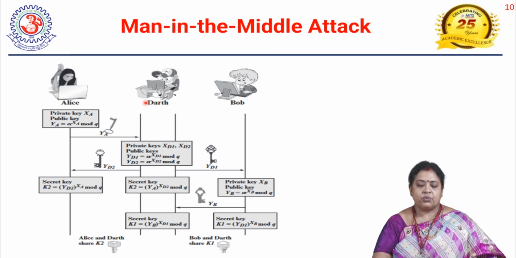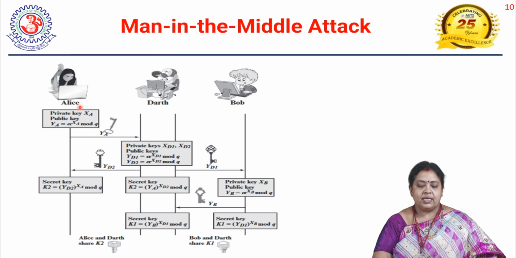What Darth is going to do, as a man in the middle, is calculate his own private keys and public keys. He is going to choose two private keys, one to give to Alice and one to give to Bob, called XD1 and XD2, and by using these two keys, he is going to calculate YD1 and YD2, both of which are public keys.